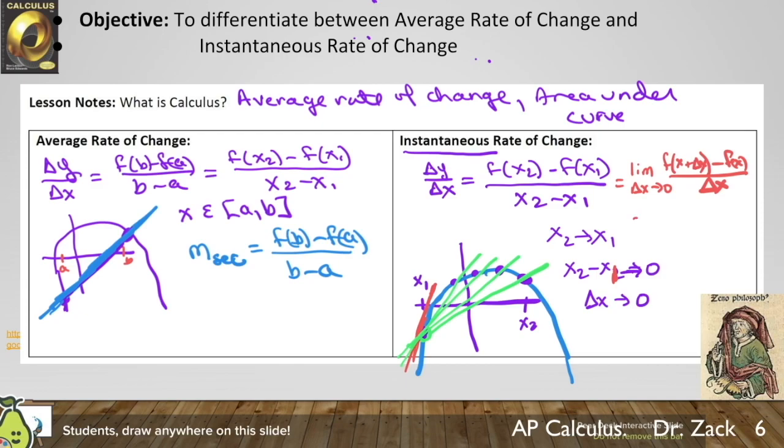So hold on, this has a new name. This is the slope of your tangent line. As your delta x gets smaller and smaller, you're finding the slope of the tangent line.